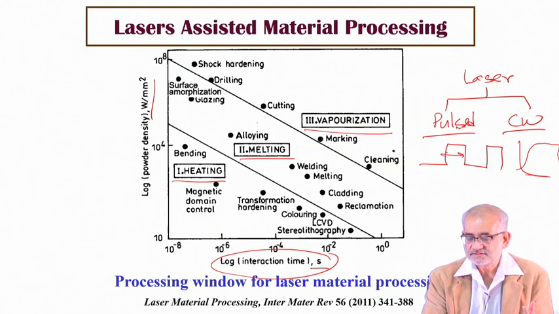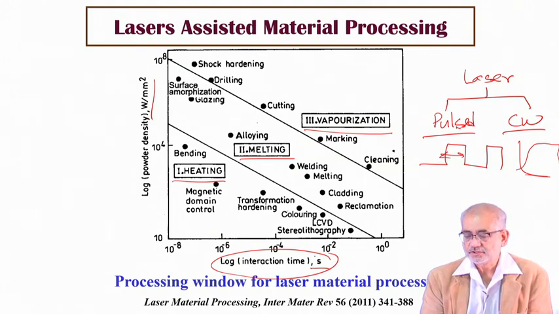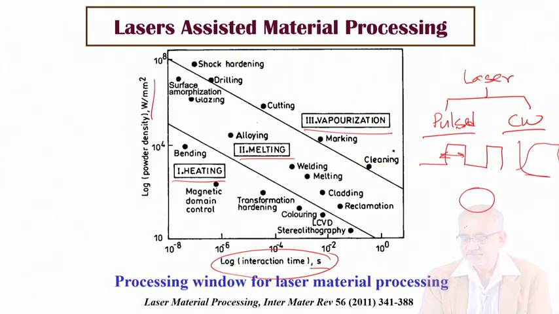Essentially, this width is the so-called time that we are talking about. Or if it's a continuous wave laser, and let's say this is the beam of diameter d, then essentially you are talking about the ratio of d upon velocity.